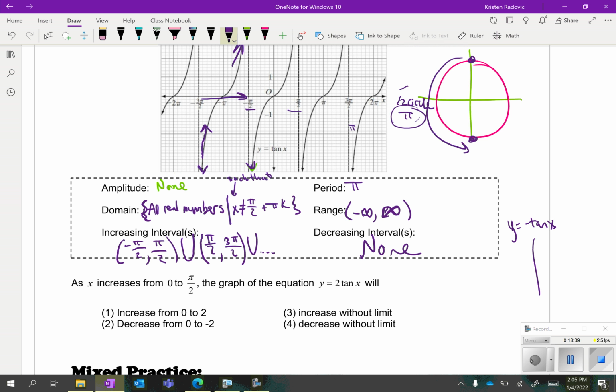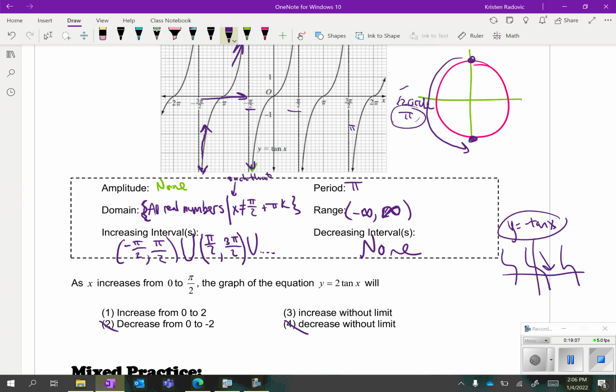So instead of heading upwards, you're going to have a bunch of graphs heading downwards. But again, that is for negative tangent, not positive tangent. Positive tangent always goes upwards. So don't choose choice 2 or 4 because they're decreasing, not increasing. We want to choose between choice 1 and choice 3.